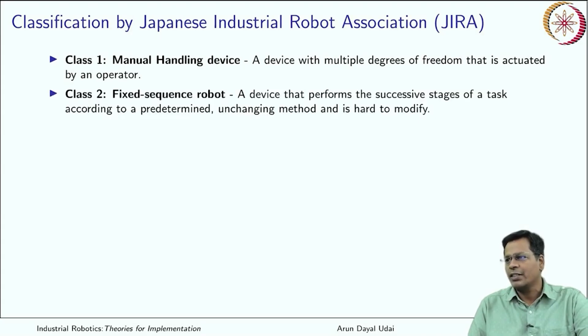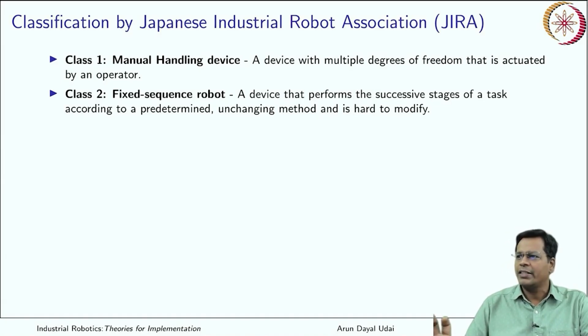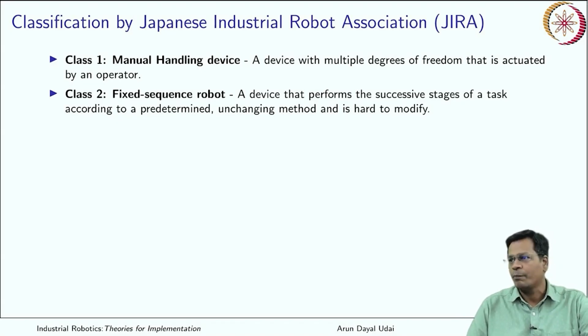Class 2 is a fixed sequence robot, a device that performs the stages of a task according to a predetermined, unchanging method and is hard to modify. It is very much like a CNC machine, but it differs from a CNC machine in the type of mechanism it is and maybe the task that it can perform.